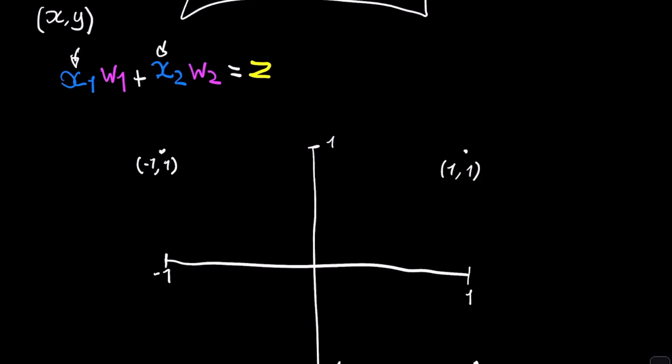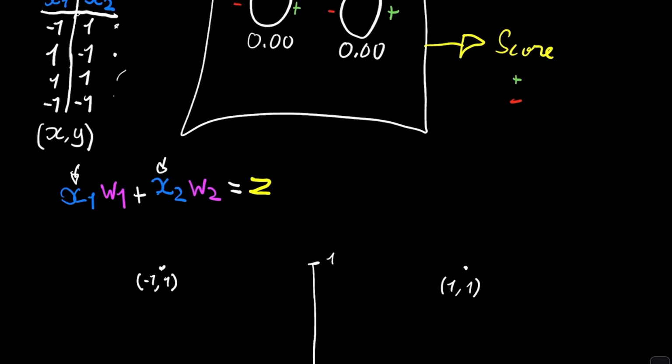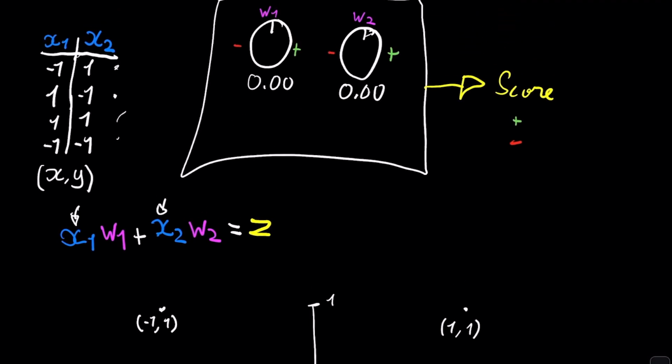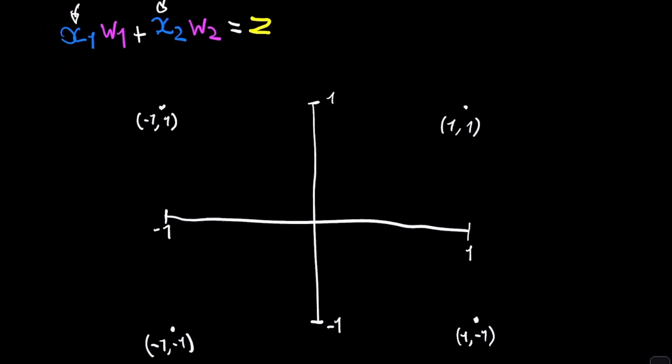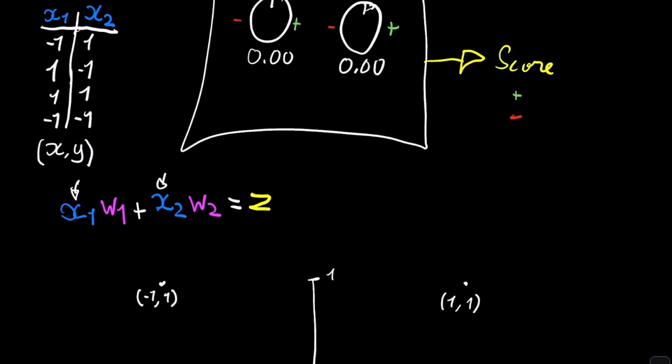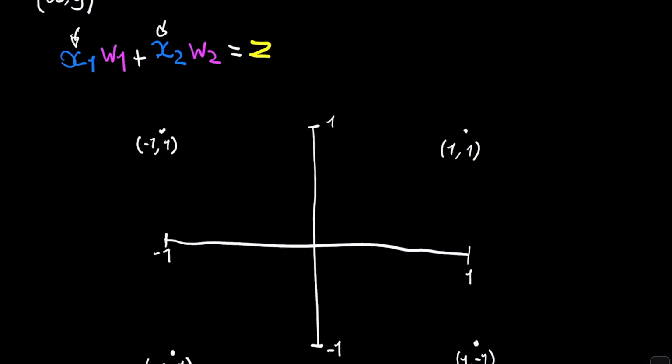So now, as you can see, we've plotted all 4 of our possible input pairs onto this two-dimensional coordinate plane. And this is going to allow us to visualize how our machine is actually going about making these decisions in a way that gives us some really useful geometric intuition.